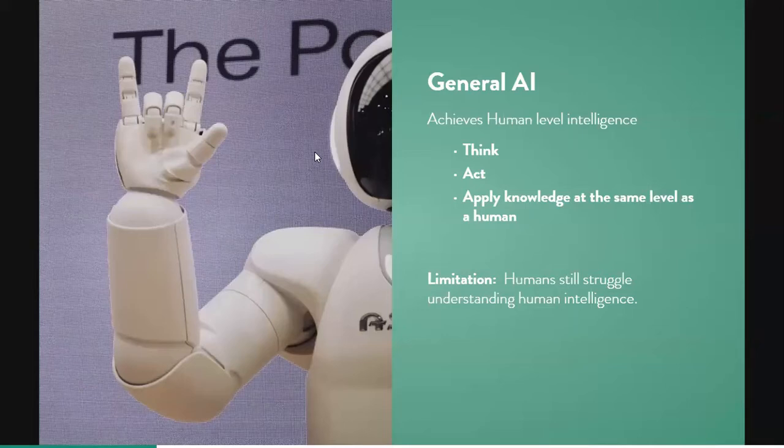Now that we think of this, it's actually not feasible yet, right? Some people are trying this, but the limitation is that humans are still struggling to understand our own intelligence. We don't know how much our brains can produce.